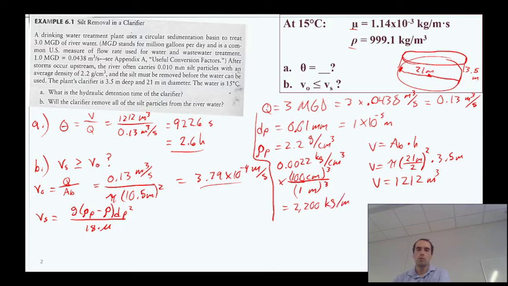kilograms per cubic meter. Now, the shortcut to that would be, if this is a reasonable, normal scenario, meaning I'm not taking uranium pellets and calculating their density, which would drop real fast. If it's some particle that you would normally treat in a water treatment system, then the density is going to be pretty close to water, but a little higher, so on the same order. It's going to be on the thousands, because we know that for water near room temperature, near 5 degrees Celsius, it's pretty much 1,000 kilograms per cubic meter. That's known.